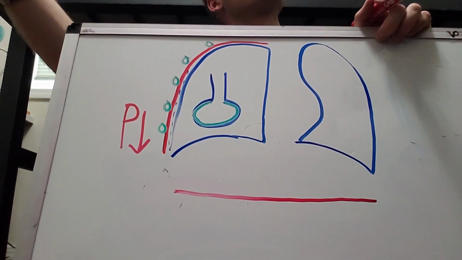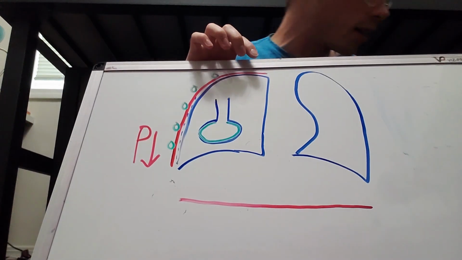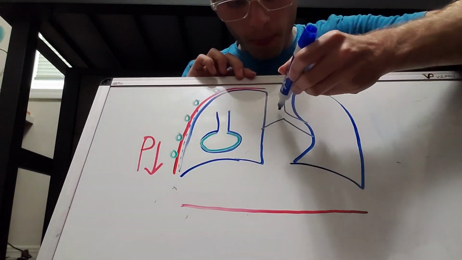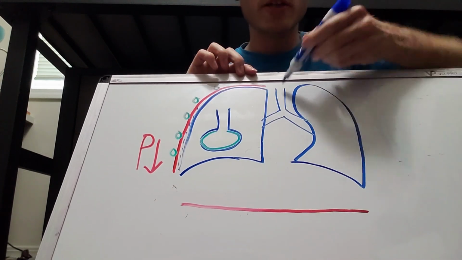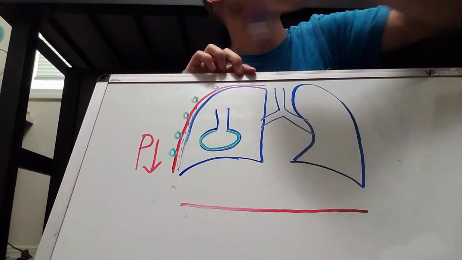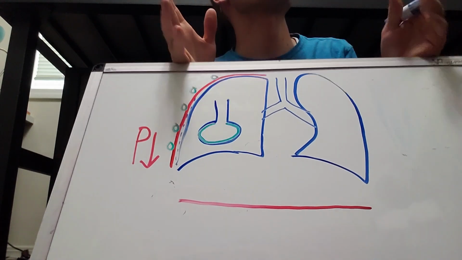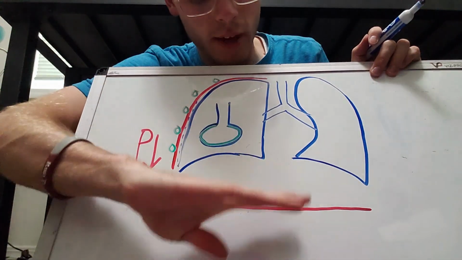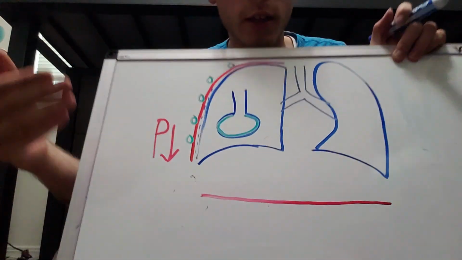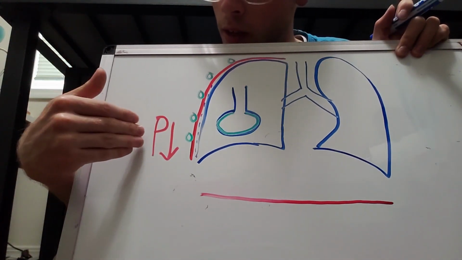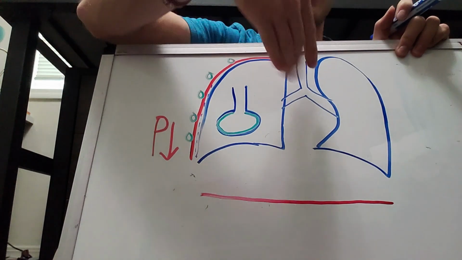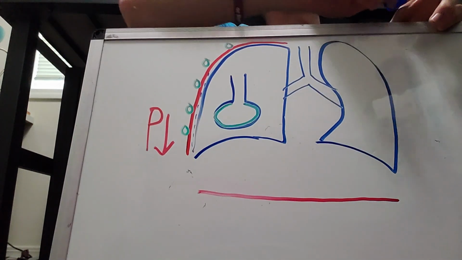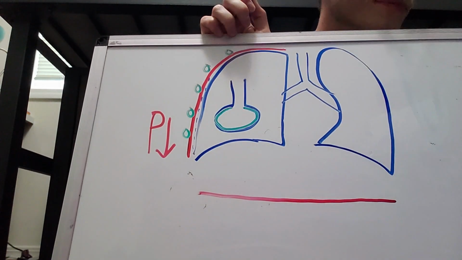That pulls air into the lungs through my trachea and into my bronchioles, and then into my lungs. So that's why we're called negative pressure ventilators, because as we expand the volume of our lung cavity, we decrease pressure, then outside pulls air in. Negative pressure ventilator. Okay. Super cool.